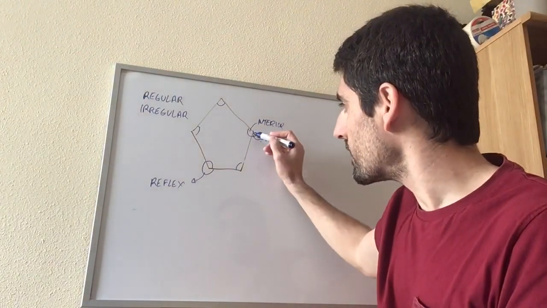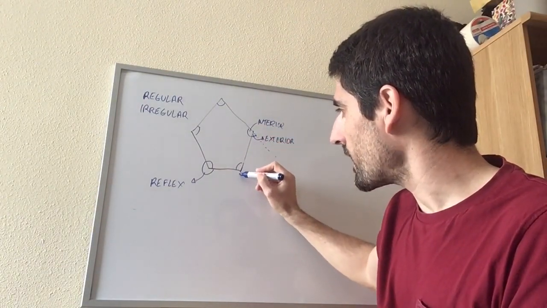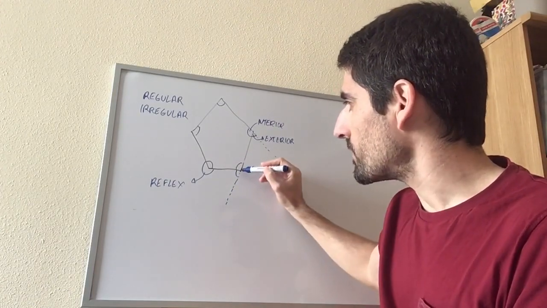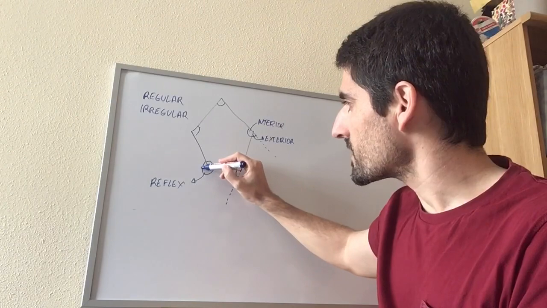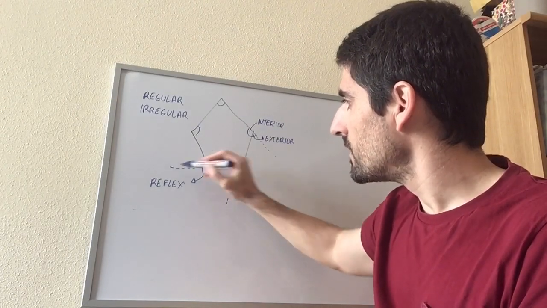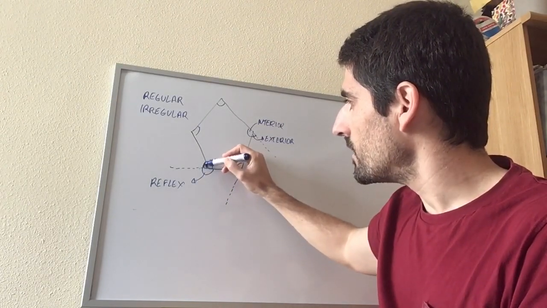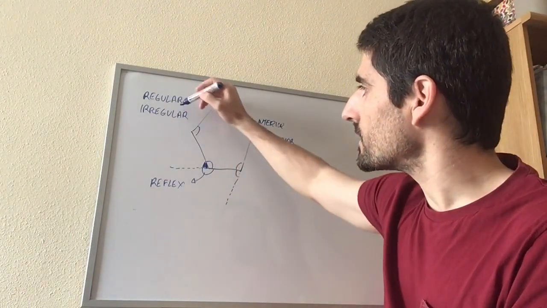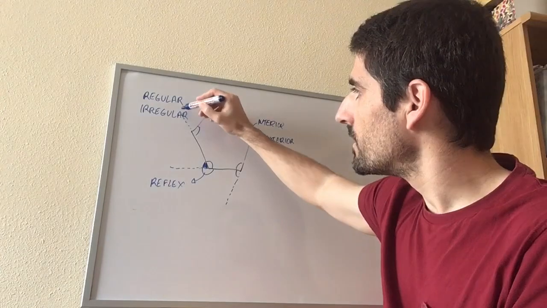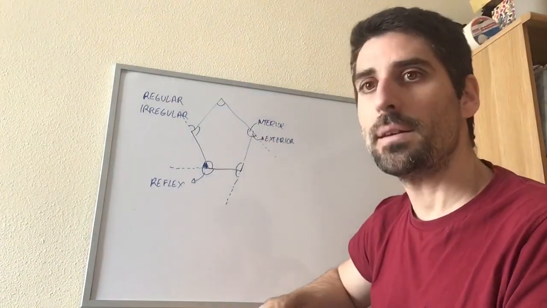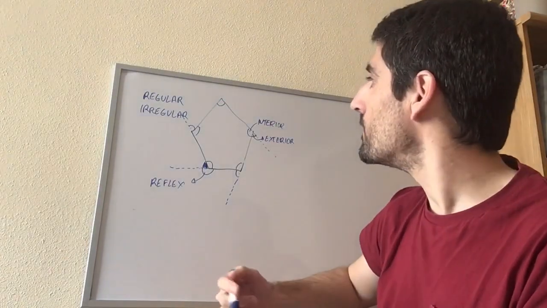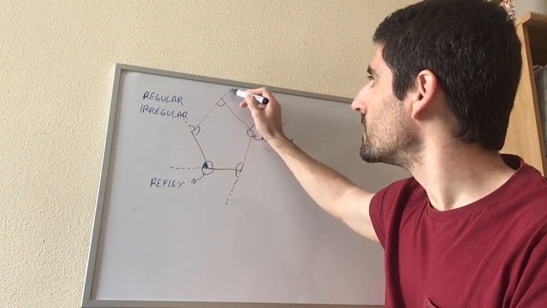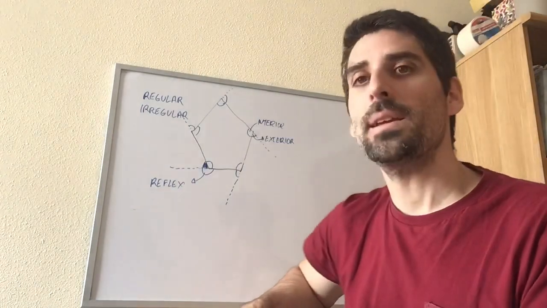The other one, so if I'm traveling along this side and I extend the side, this one there, and if I'm traveling along this side and I extend the side, this one here would be an exterior angle. And if I'm traveling along this side and I extend it, that one there is the exterior angle. And then finally, if I'm traveling along this side and I extend the side, that one there is an exterior angle.